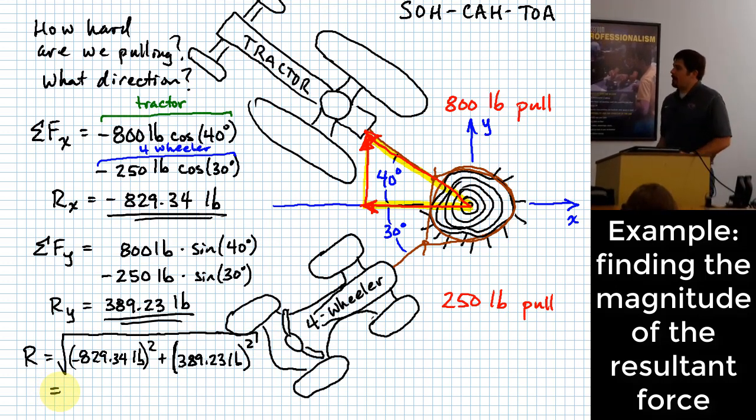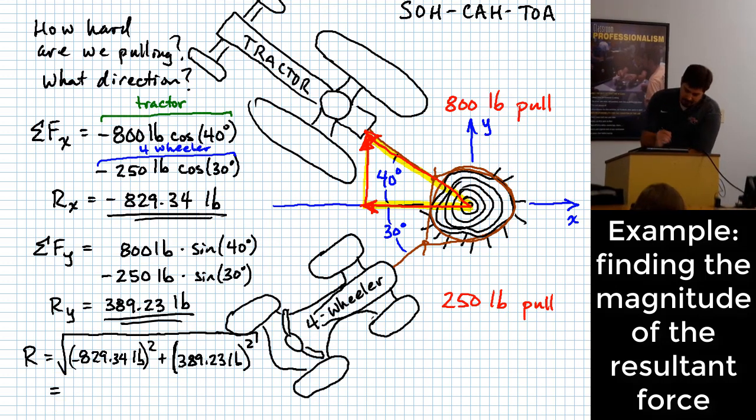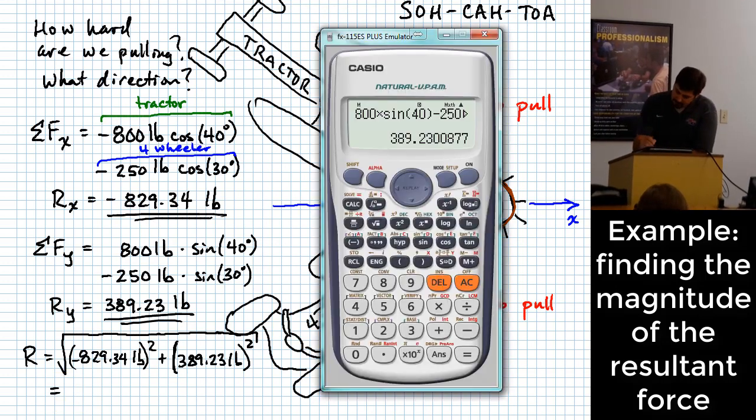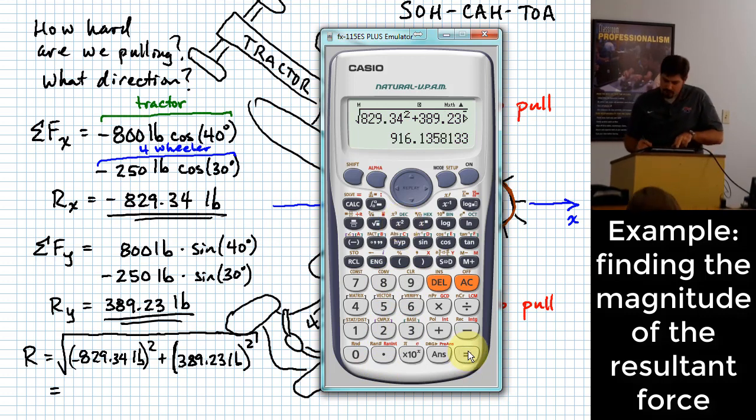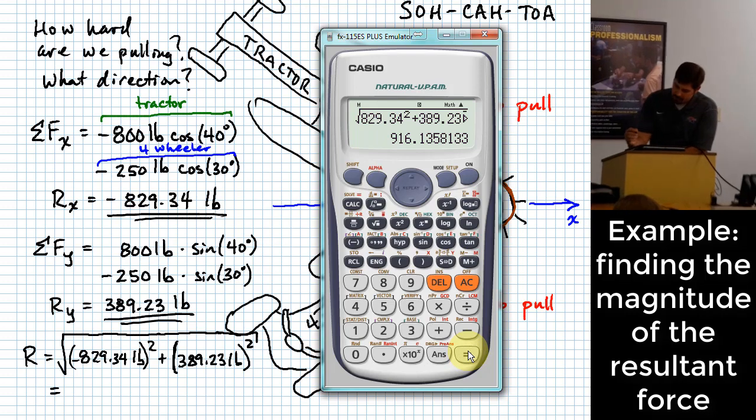So what is my overall amount of force? It'll just be the square root of 829.34 squared plus 389.23 squared, which gives me 916.14.